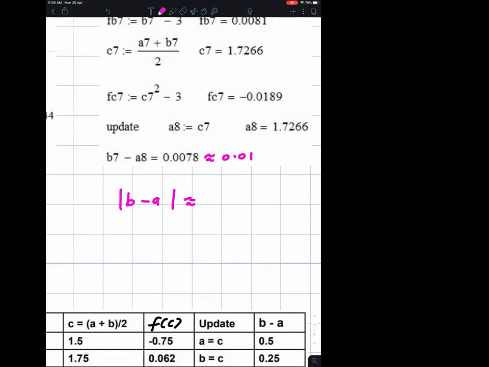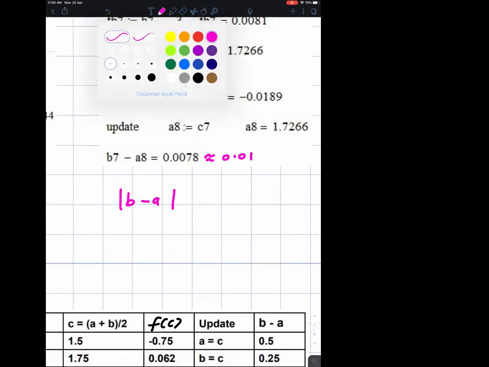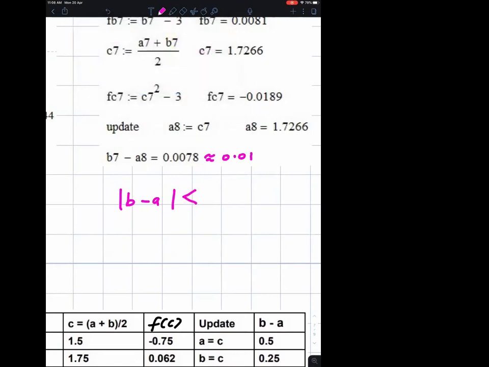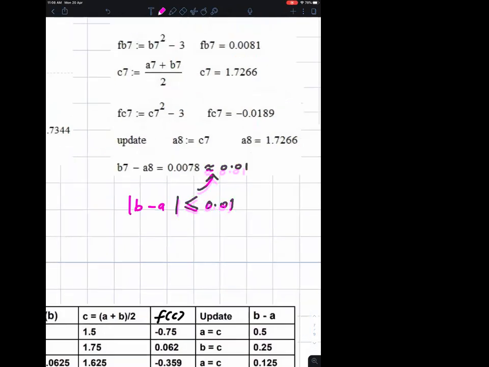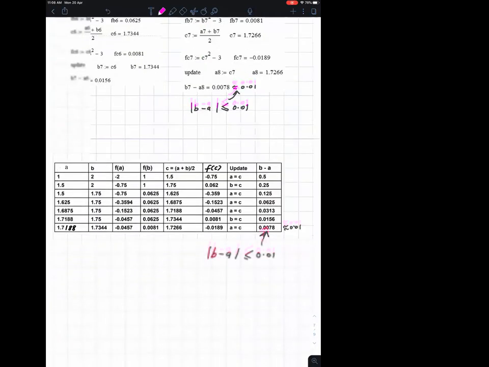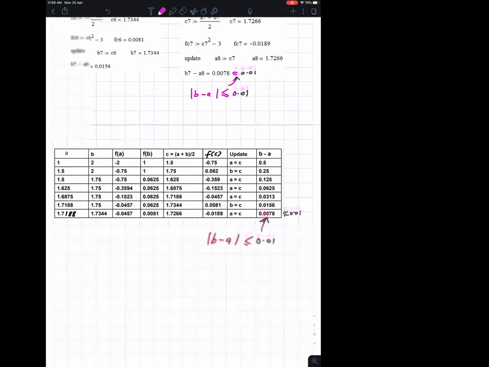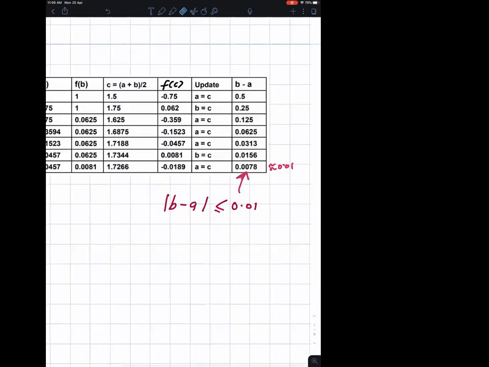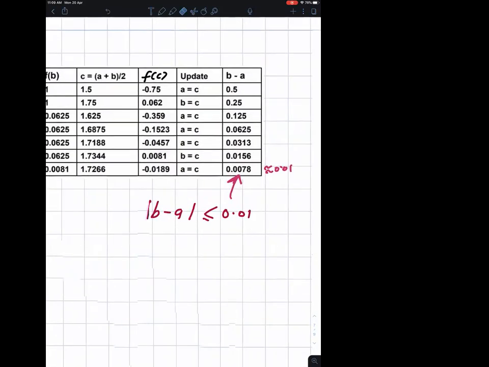So we can stop here, because I already reached the target. And this is where all these things are in tabulated form, in a table format like this.